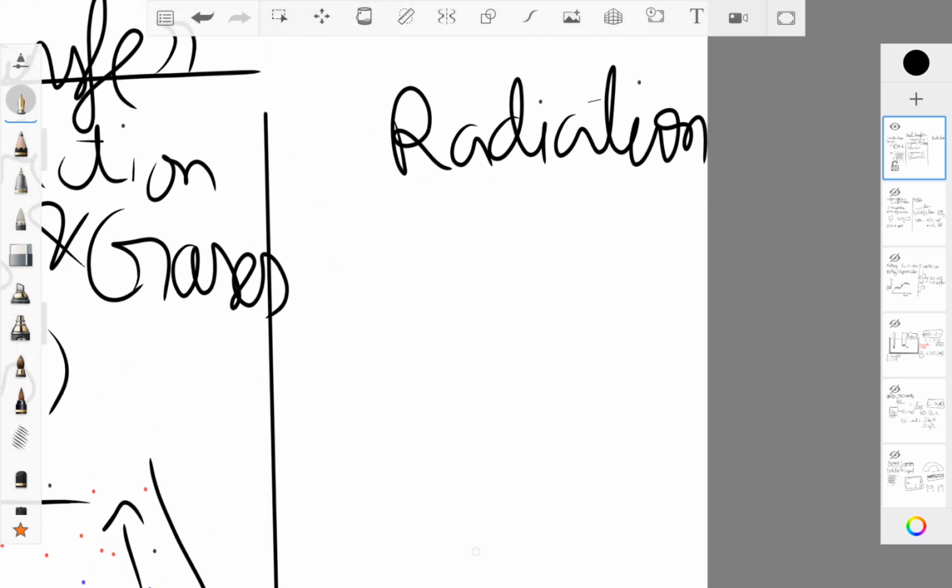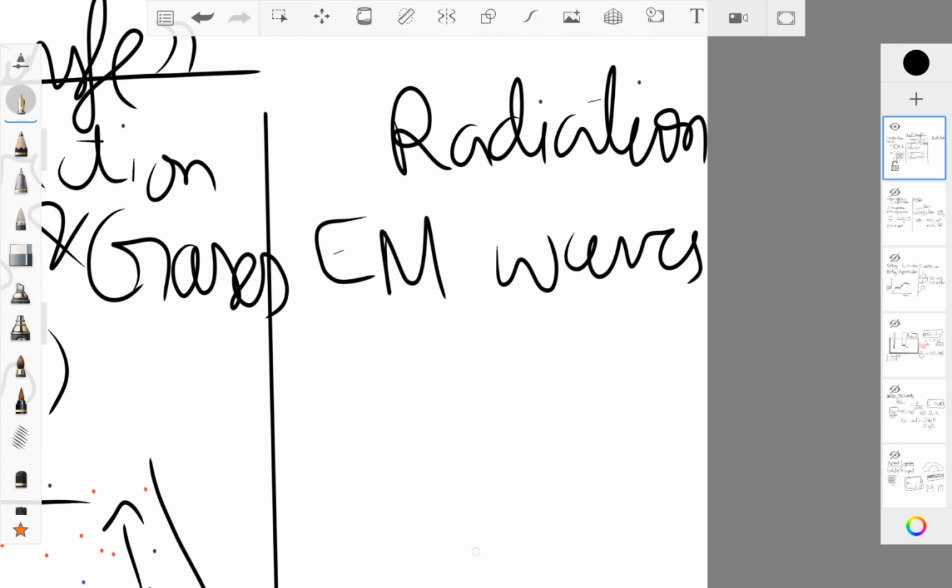Now, radiation is a form of heat transfer via EM waves, or electromagnetic waves. You'll learn more about these in section 3, but for now you just need to know that thermal radiation is just infrared radiation, and all objects radiate or emit this radiation.